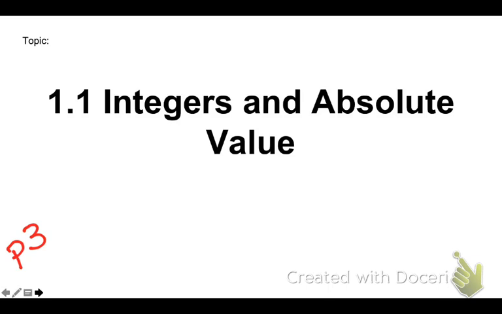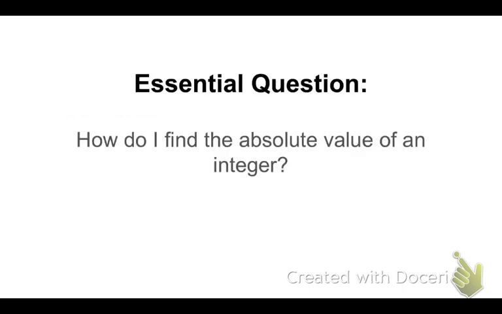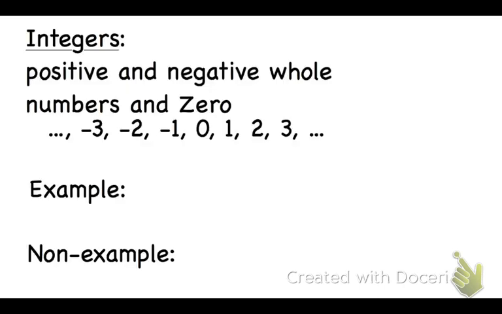Okay? So our essential question today is, how do I find the absolute value of an integer? Again, that's also already typed on page 3. So this is where you are going to start taking notes. When I highlight something, that means there's a line for it on your notes.